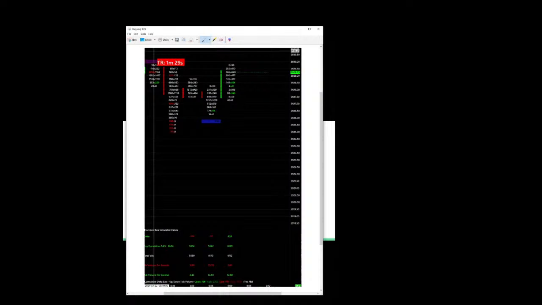And then the lots bought on the ask, which is on this side. This means that you're not only able to see the actual volume of contracts traded at the exact price level, but you're able to see where they're being filled. Are they being taken at the bid or the ask?